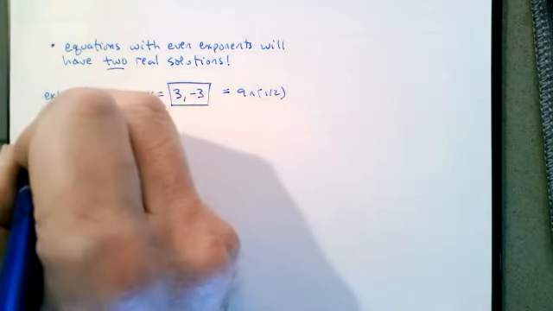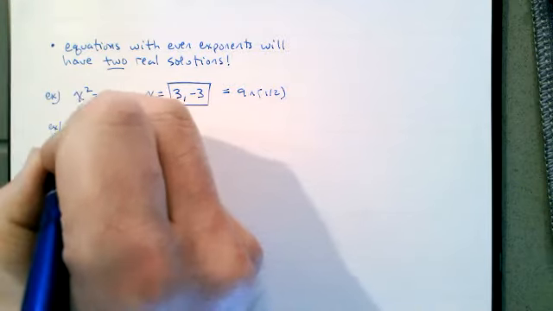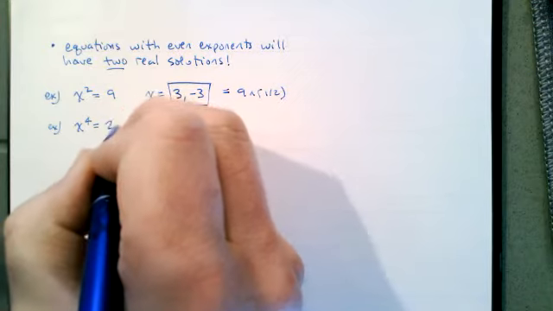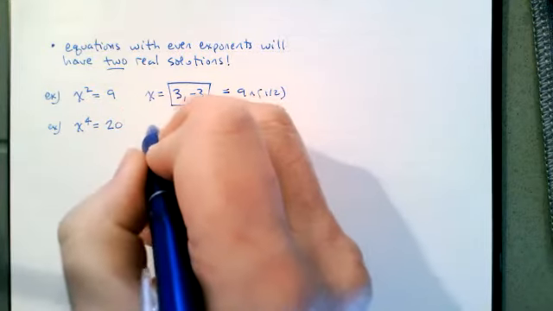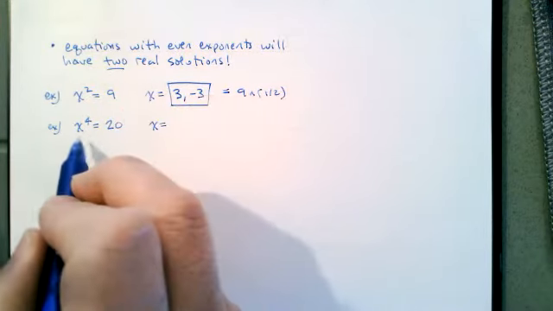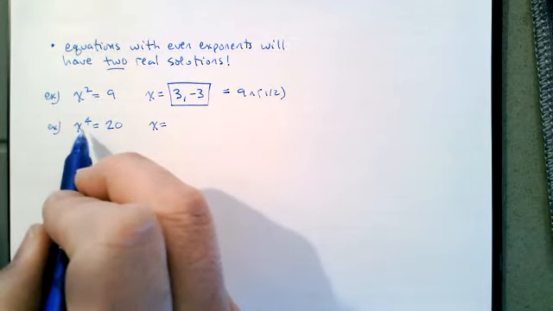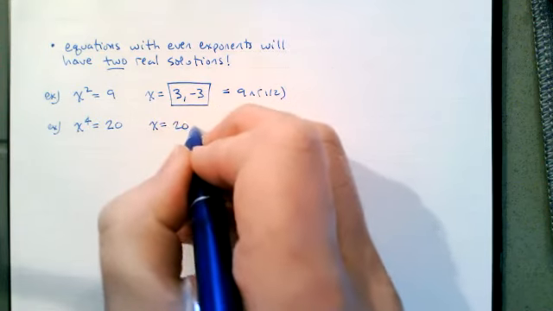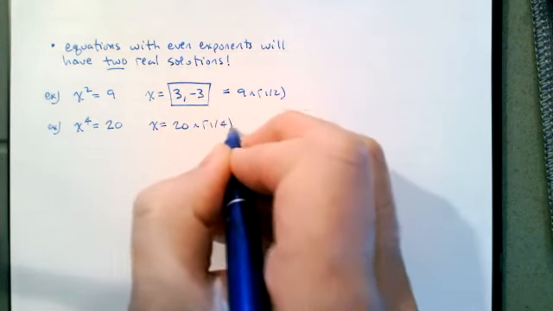So for example, if we have x to the 4th is equal to 20, then the inverse of the exponent is a reciprocal exponent. So we have x is 20 to the 1/4 power.